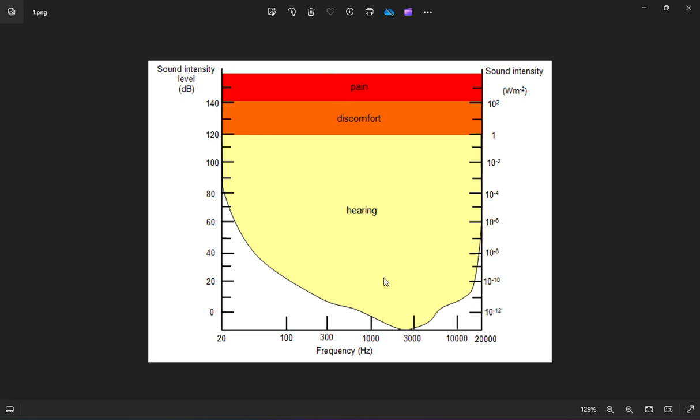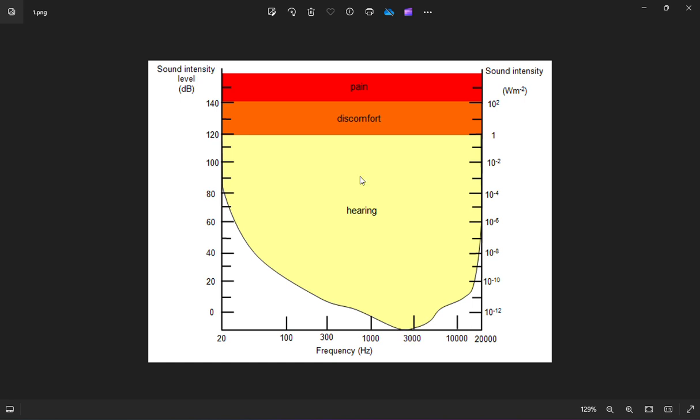So the next topic is the frequency response. This particular graph shows the frequency in hertz from 20 hertz to 20,000 hertz, which is the hearing frequency window of the human ear. And the y-axis shows the sound intensity in dB levels. If you see this graph, human hearing is very sensitive to voices around 3000 hertz.